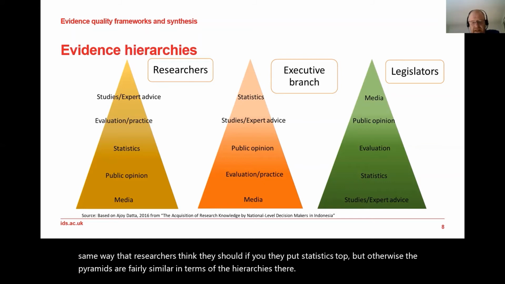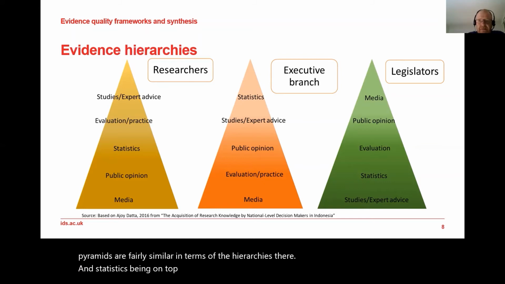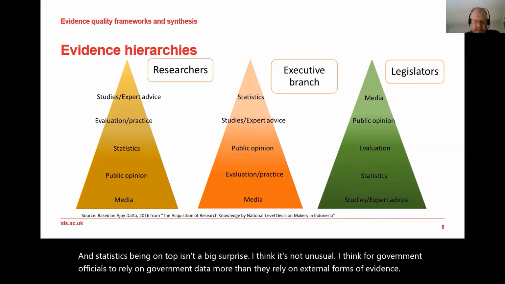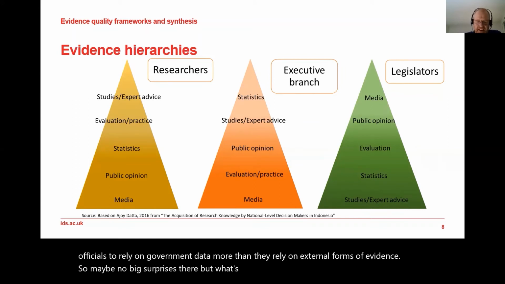And statistics being on top isn't a big surprise, I think. It's not unusual for government officials to rely on government data more than they rely on external forms of evidence.